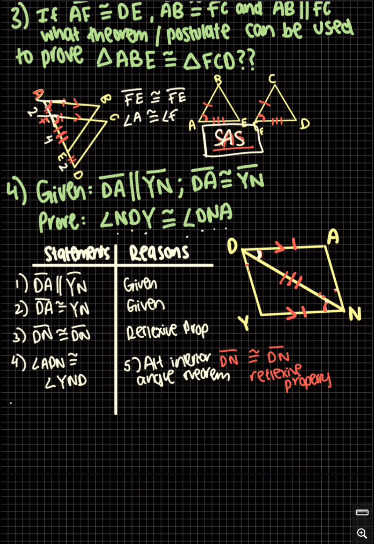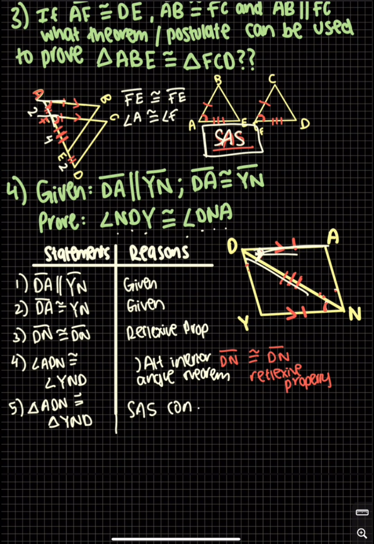And now I can prove what I told you guys, SAS, right? So triangle ADN is congruent to triangle. And I want to be really specific about my angles that I'm saying are congruent. So Y and D. And this was again by SAS congruency.